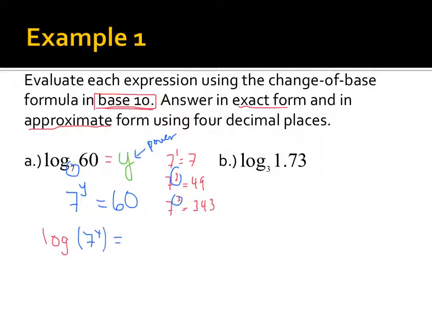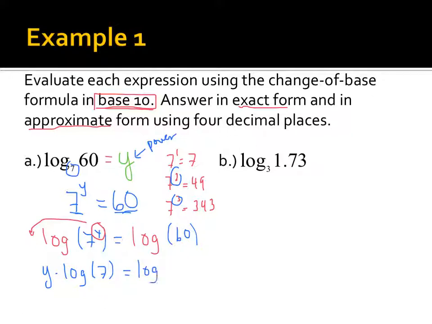Remember that taking the log just means we have this function log, and we're going to put inside of it these two numbers that are equal to each other. And one of the nice things about this is that there's a property that says that when you have a power on something that's inside of the log function, that power can come up to the front. And so we're left with y times log of 7 is equal to log of 60.